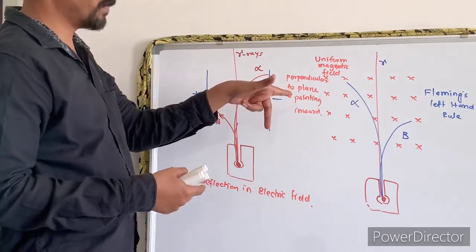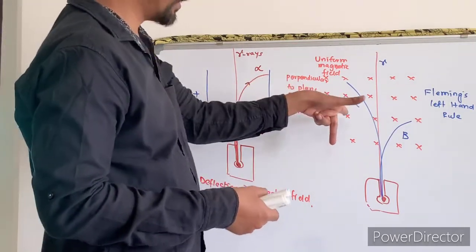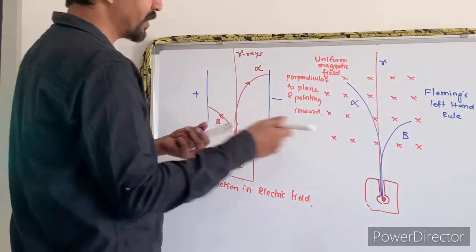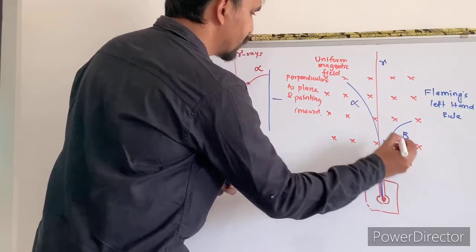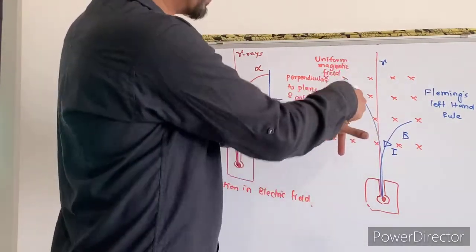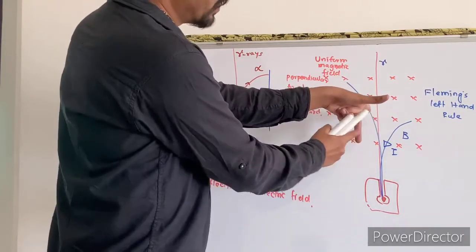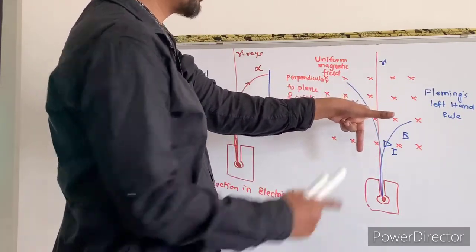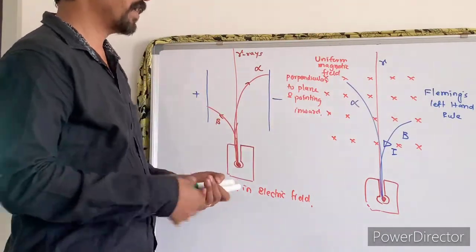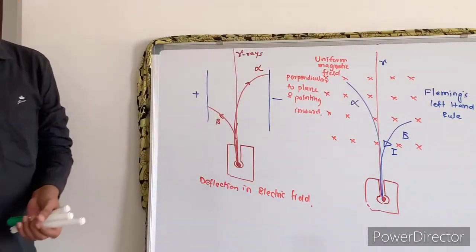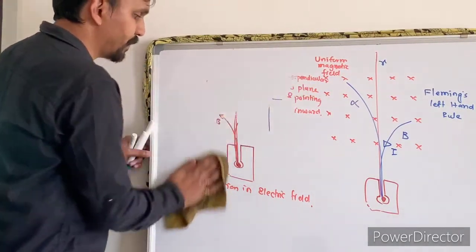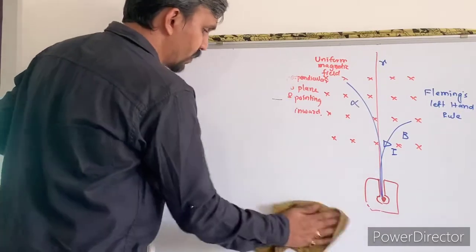Over here the magnetic field is pointing inward. Electrons are going like this, but the current is going opposite. This is the direction of current, going downward. So I am applying my left hand: the magnetic field is pointing inward, the current is going downward, so this thumb is the deflection. So this is deflected towards the right. This is about the deflection in electric and magnetic fields. Now we'll go with the next part.